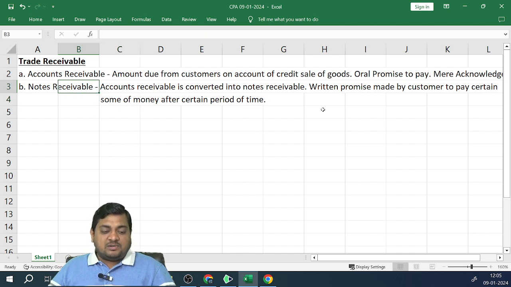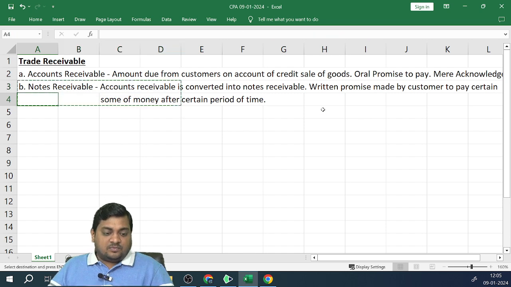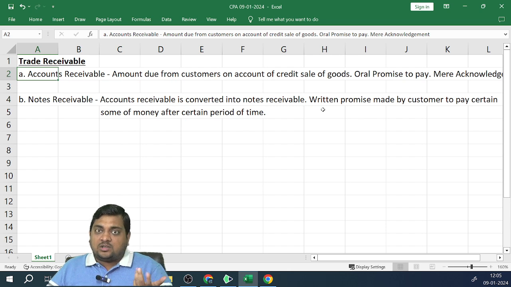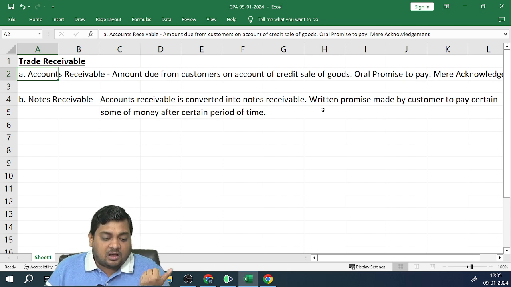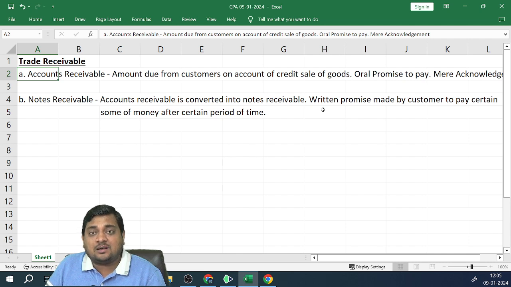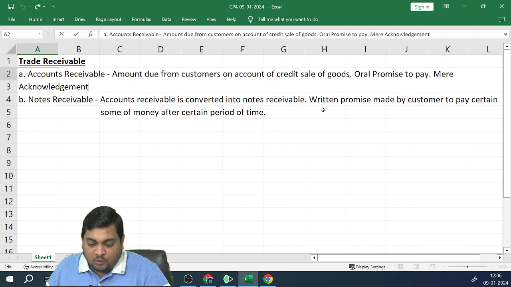So there's a difference between accounts receivable and notes receivable. Both come under trade receivable. Basically, accounts receivable means an oral promise to pay a specified sum of money, and notes receivable means accounts receivable is converted into notes receivable by taking a written promise from the payer.